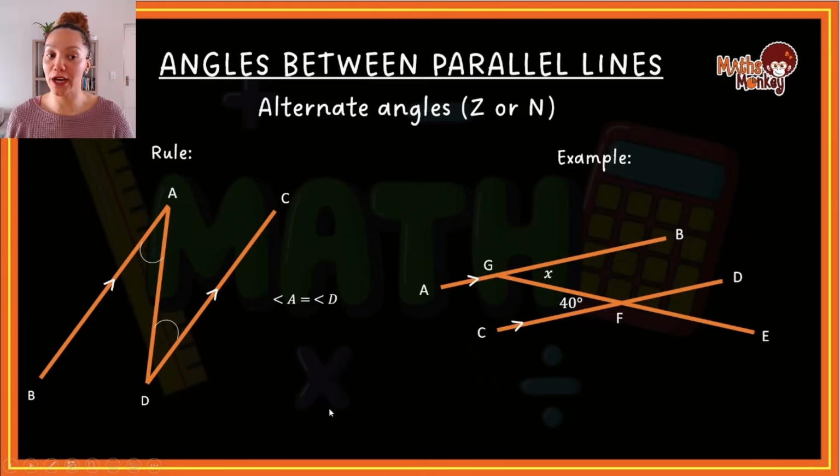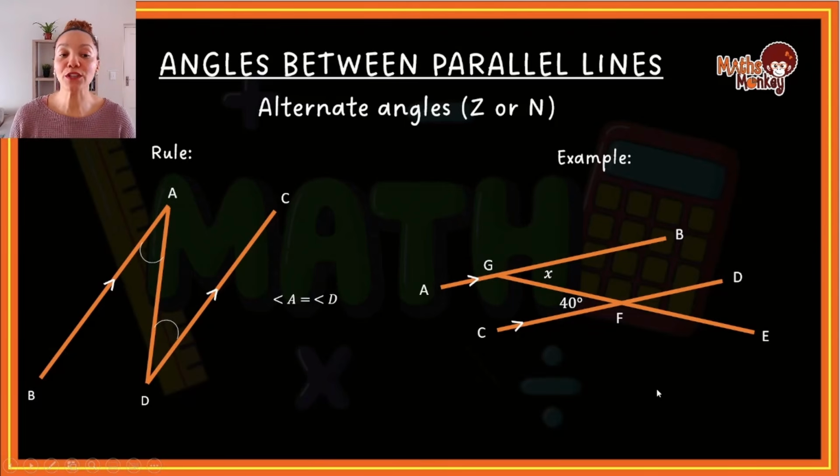So this is what it would look like in a test, where they will say, give with reasons the value of x. If I look at this question now, I have parallel lines. AB is parallel to CD. I have a line cutting through these two, which means I have two corners.